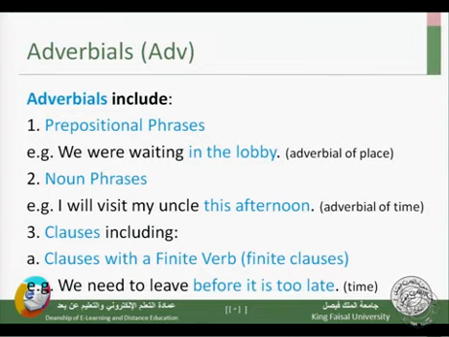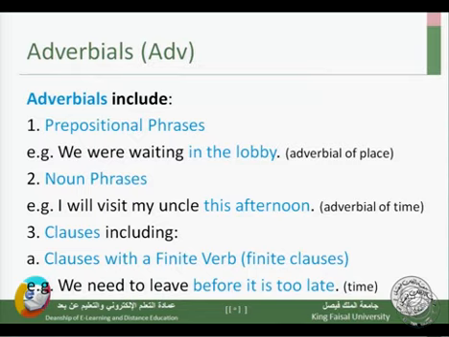For example, I will visit my uncle this afternoon. Okay, so this afternoon is a noun phrase, but it does the same job as an adverb of time. So I will visit my uncle when? This afternoon. Okay, so this gives us an idea of when, of the time that something happened, or will happen.